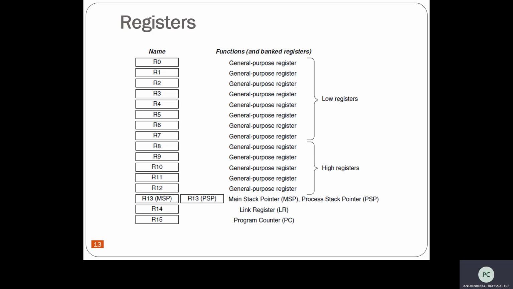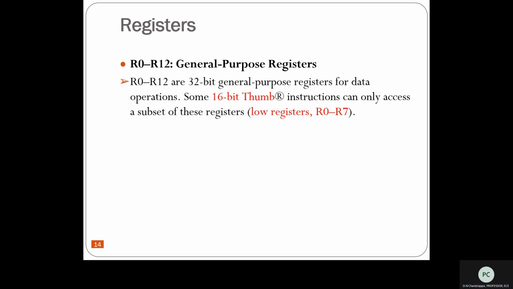Even in the microprocessor or in any microcontroller, the program counter's role is very important. Along with that, some more special function registers are there in this processor. Step by step, I'm going to explain all these operations.